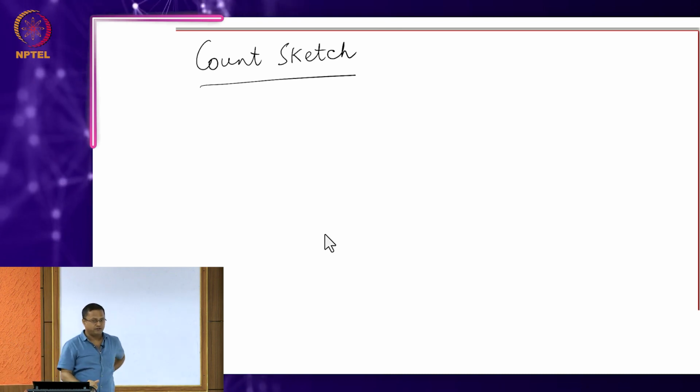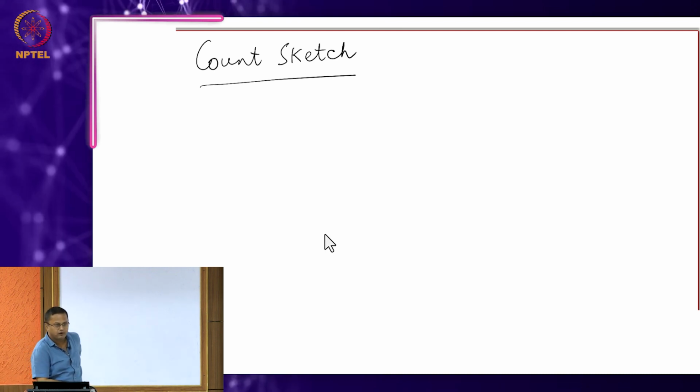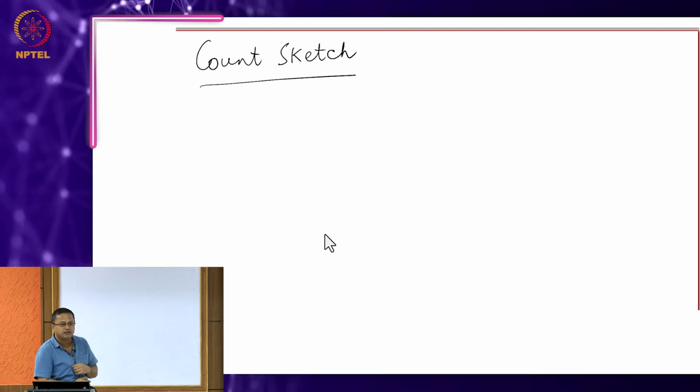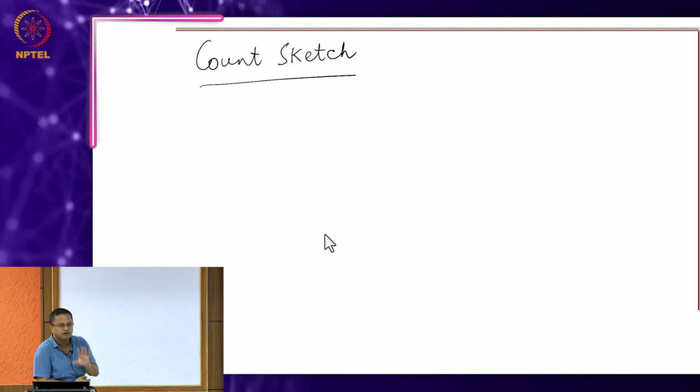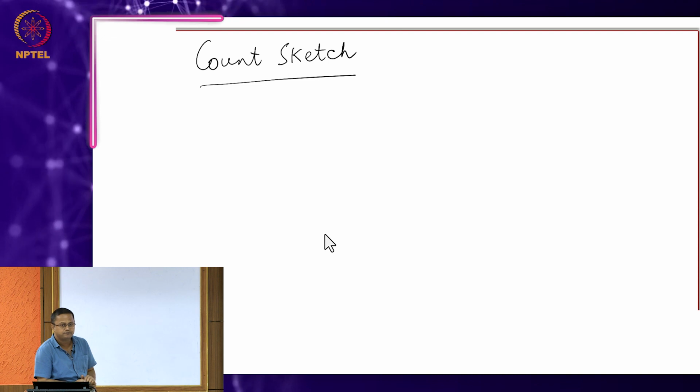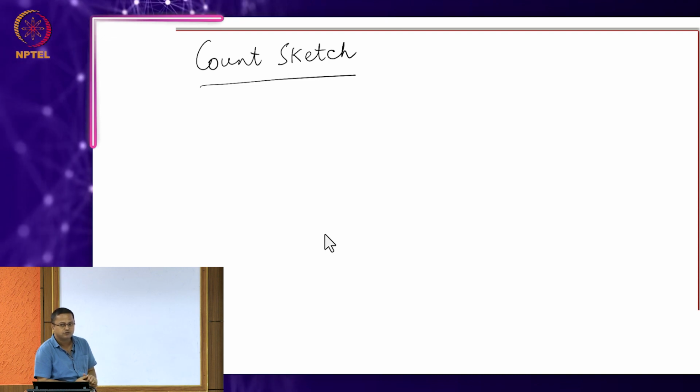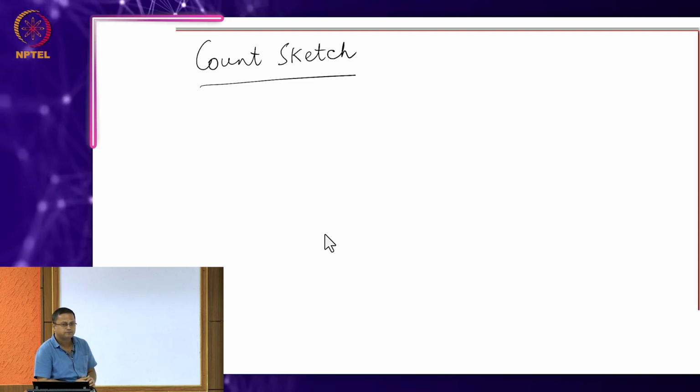So, B has to be prefixed. Once your algorithm, these epsilon delta parameters are given to you, this B has to be prefixed, because you cannot have a variable array, right.